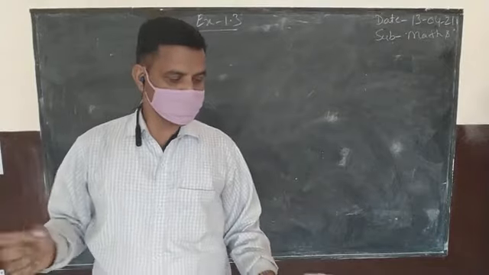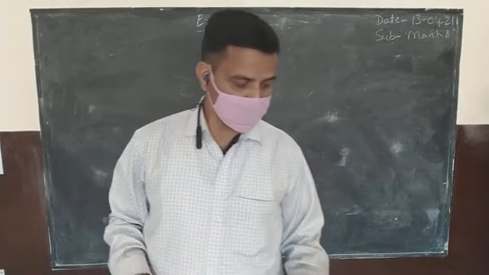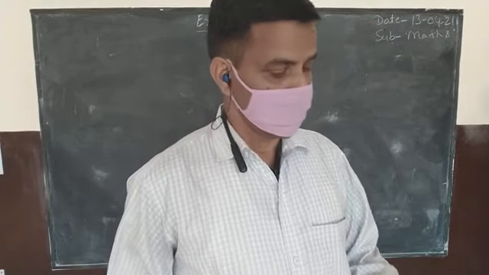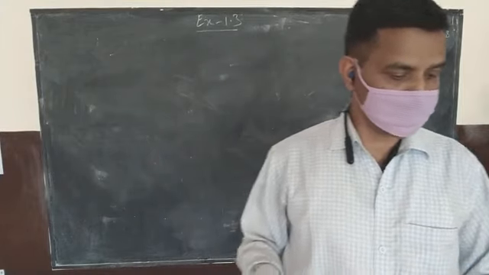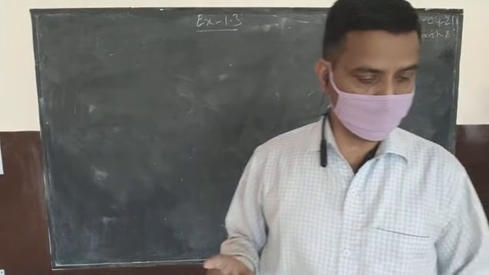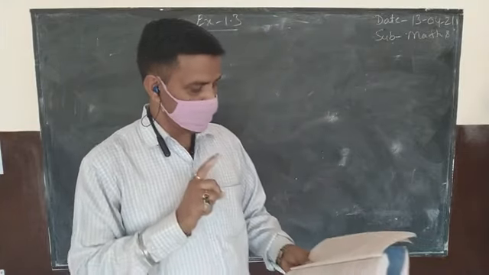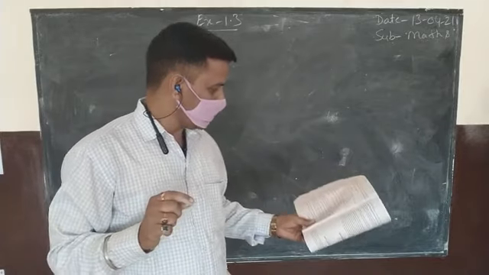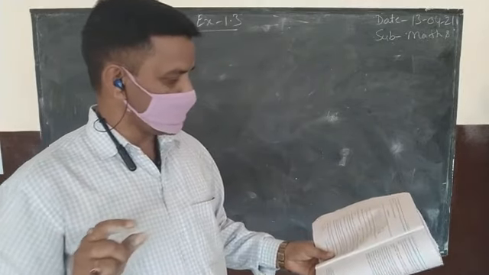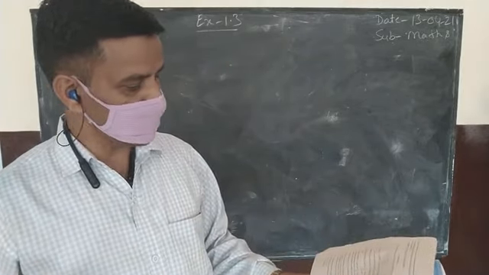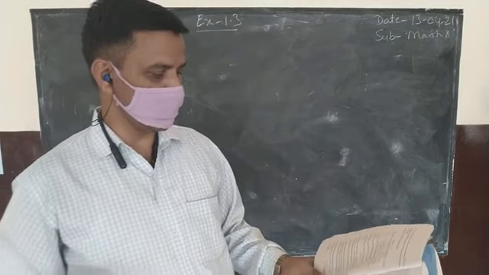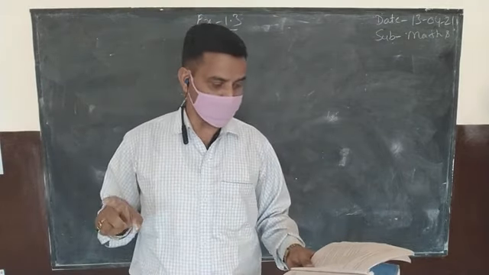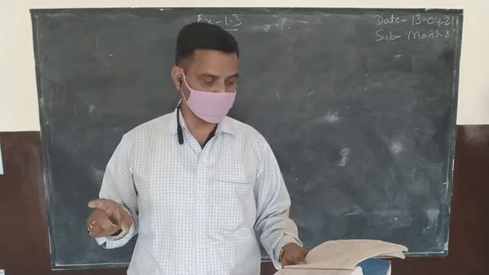Yes, student, question number two. You know that 1 by 7 value is given as 0.142857 bar. Can you predict the decimal expansion of 2 by 7, 3 by 7, 4 by 7, 5 by 7 and 6 by 7 without actually doing the long division?